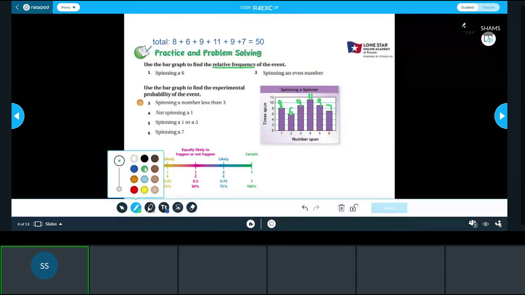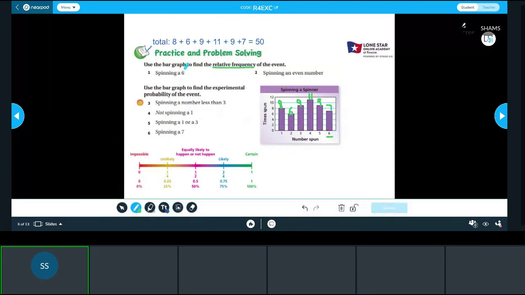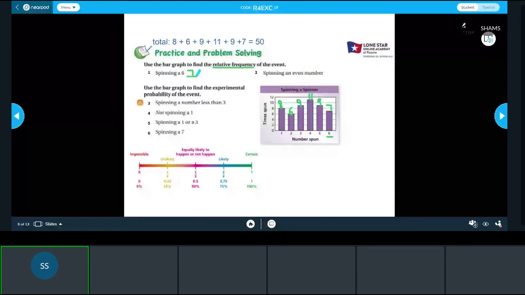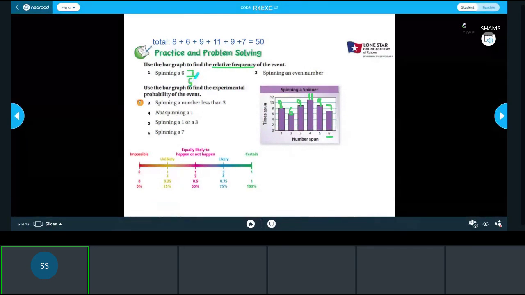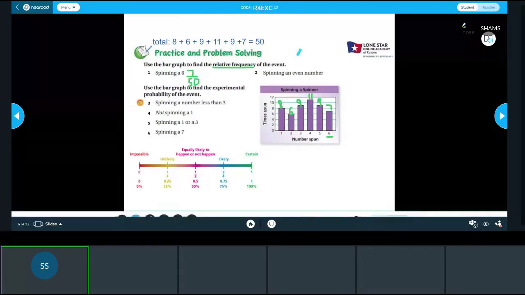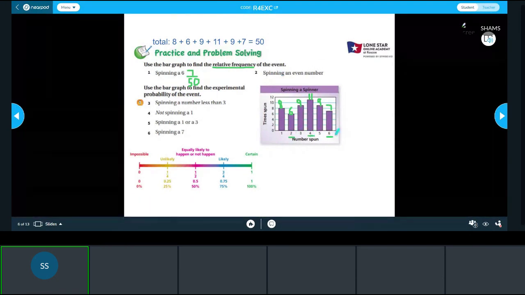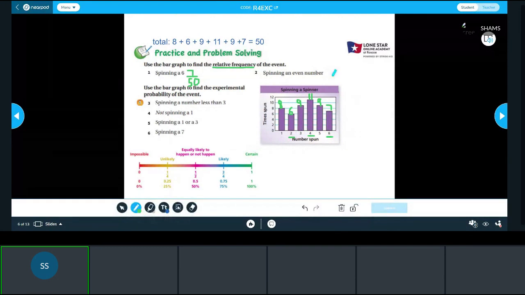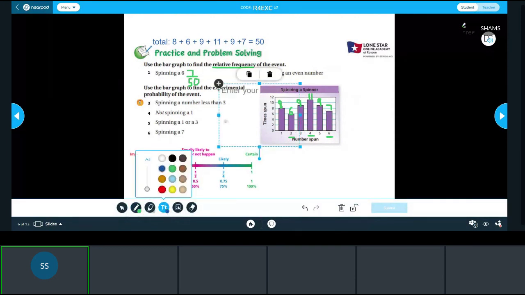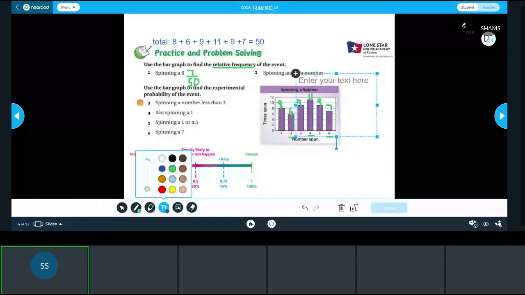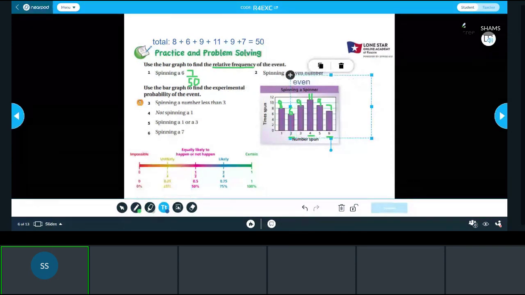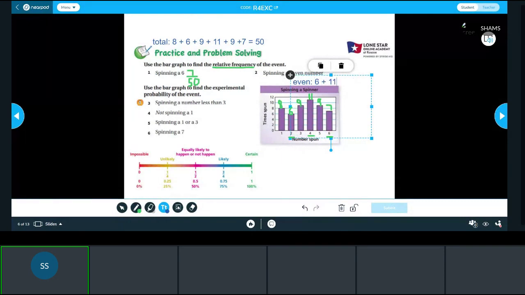What is the probability of spinning a 6? It is 7 out of 50, or the relative frequency is 7 out of 50. Spinning an even number, we will only consider even numbers: 2, 4, and 6. Let's combine and see how many even numbers we have. 2 occurs 6 times, 4 occurs 11 times, and 6 occurs 7 times. 6 plus 11 is 17, 17 plus 7 is 24.